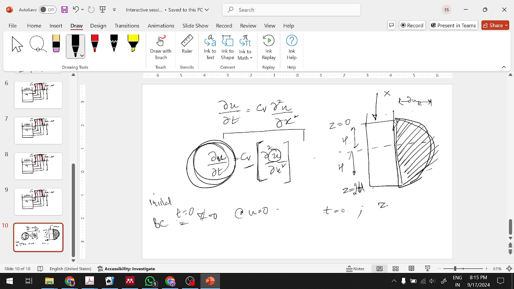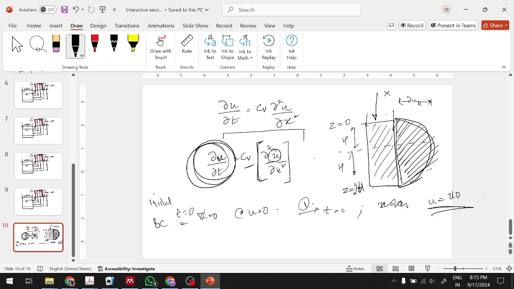At all points, u is u naught, not 0, at t equals 0.